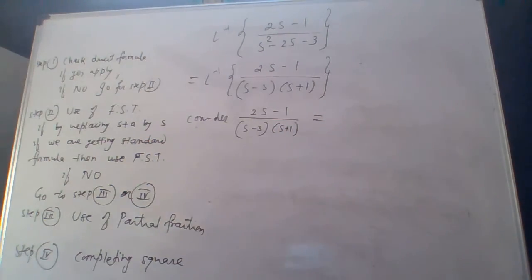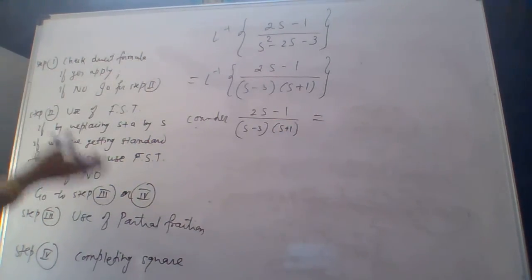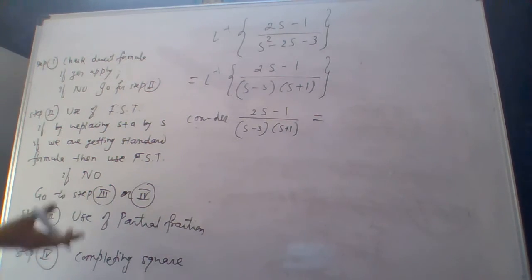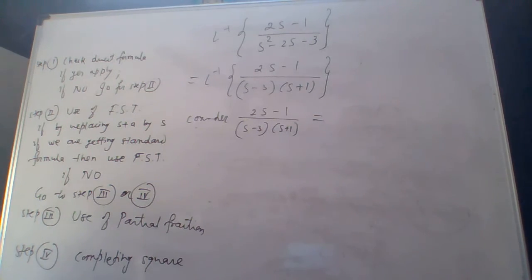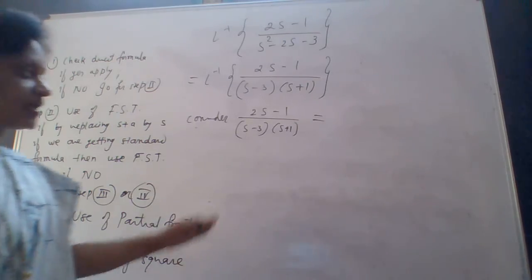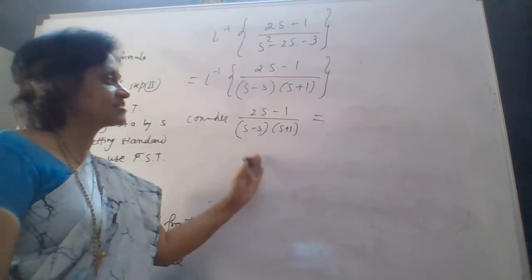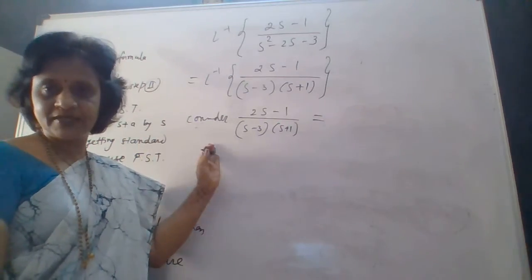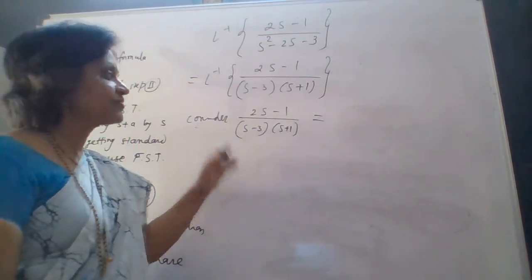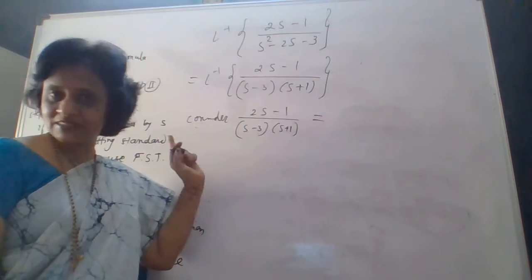This partial fraction you have already done. It's very simple, done at school level, maybe 11th or 12th standard. So I won't waste my time there. I hope all of you can do partial fraction. If you have any doubt about whatever I am teaching, I have given you my mail ID. You can mail me and ask me, no issues. But right now I am assuming you know partial fraction.